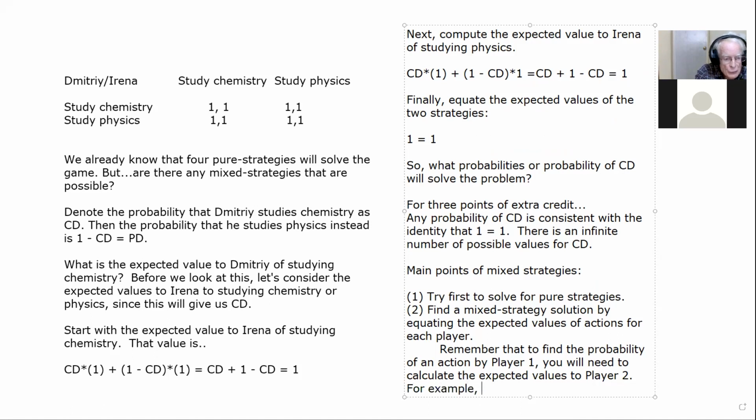For example, in the Iran-UN game, we found the probability of an inspection by calculating the expected values to Iran of building missiles.